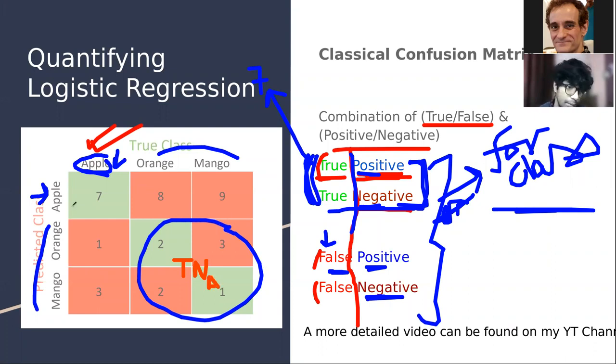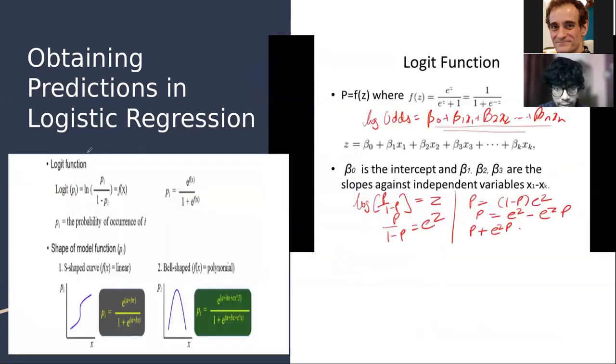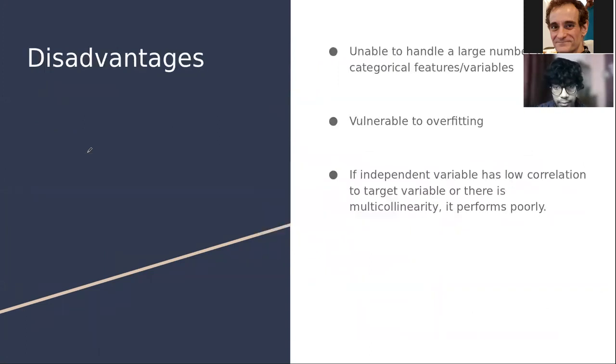I predicted Apple, but it was actually orange and mango. Was I predicting it positive or negative? Doesn't matter. Anything which is under concern is positive, and anything which is not under concern is negative. I just told you a moment ago about the log of odds ratio, if you remember.